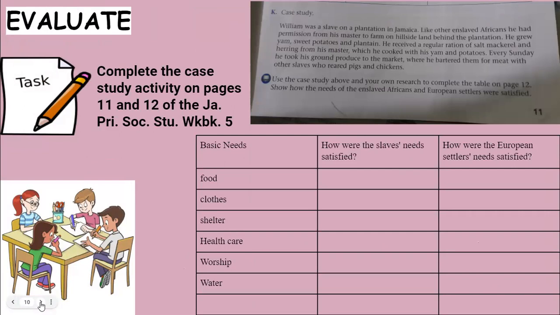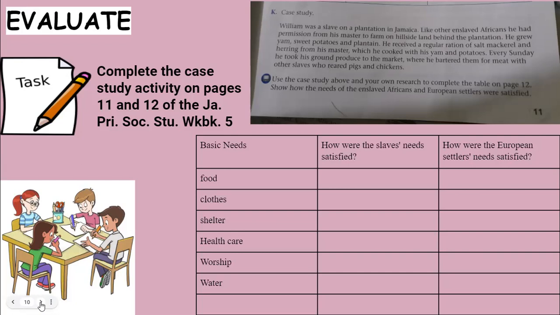William was a slave on a plantation in Jamaica. Like other enslaved Africans, he had permission from his master to farm on hillside land behind the plantation. He grew yam, sweet potatoes, and plantain.